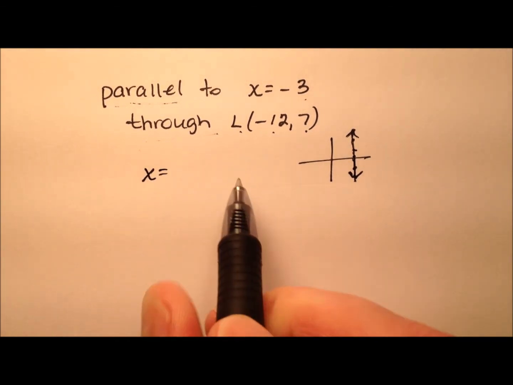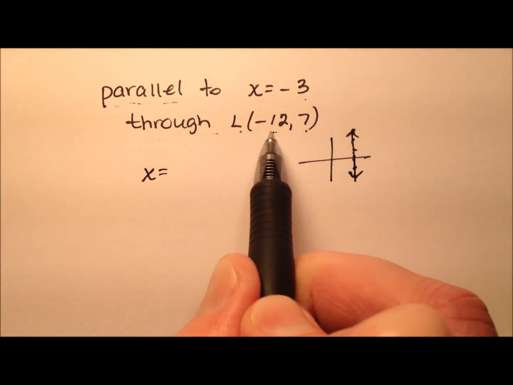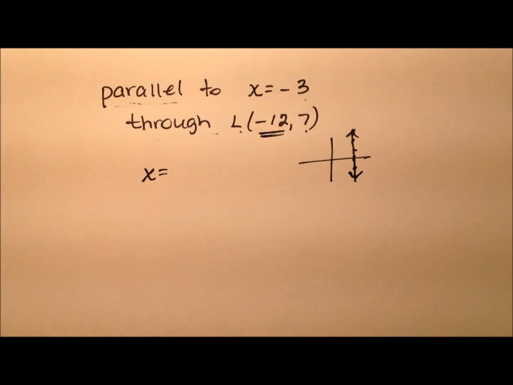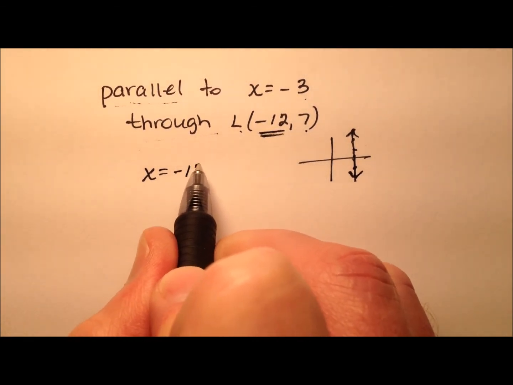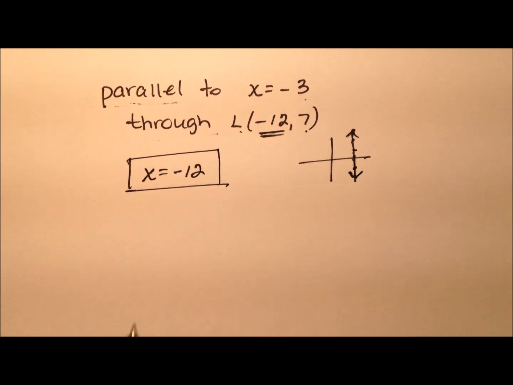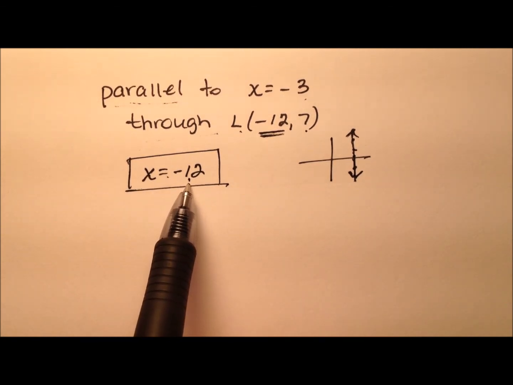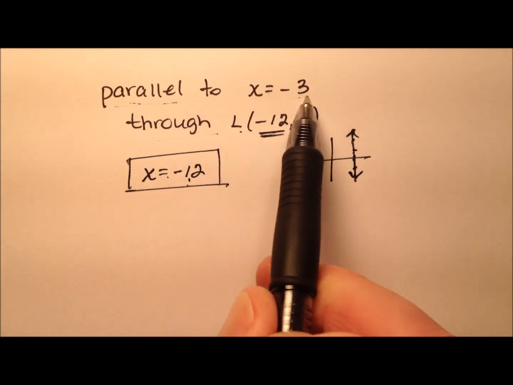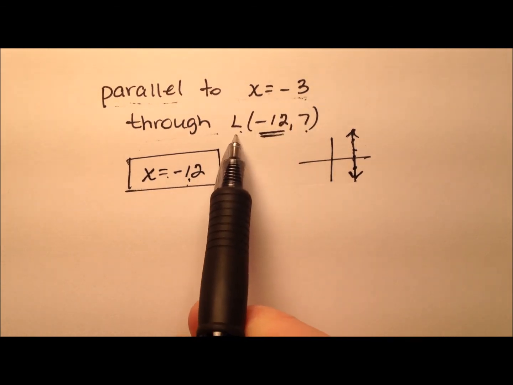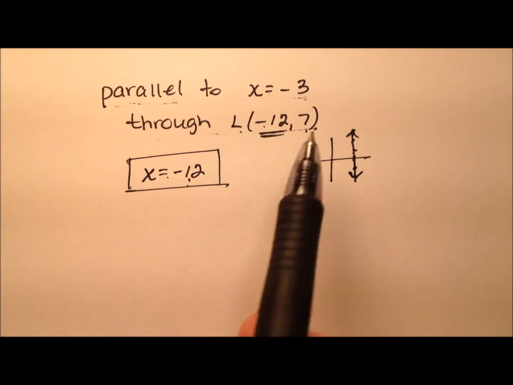So x will be x equals, and it's just equaling whatever that x-coordinate is. So x equals -12. So x equals -12 is the equation of the vertical line that's parallel to x equals -3, but passes through point L, (-12, 7).